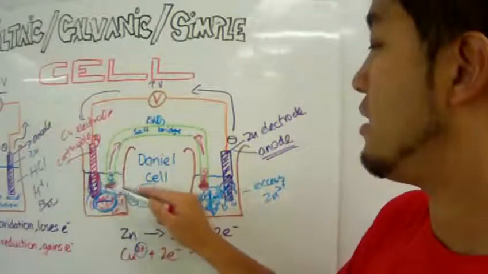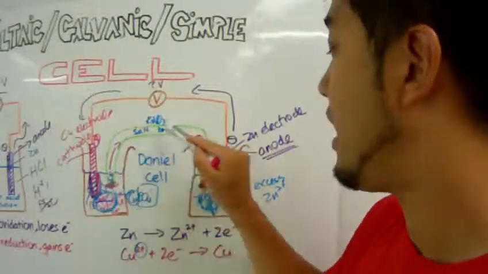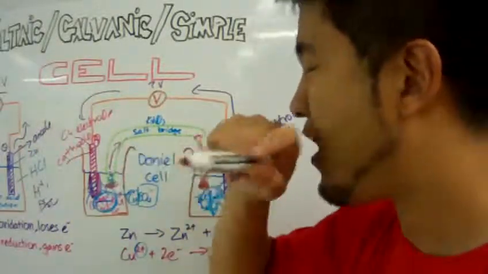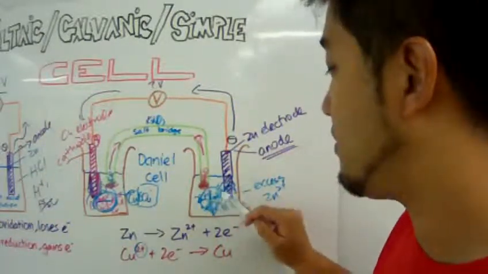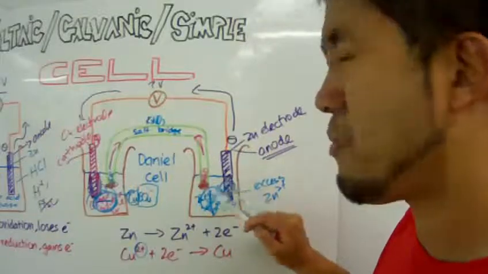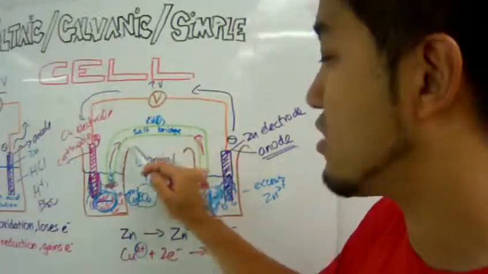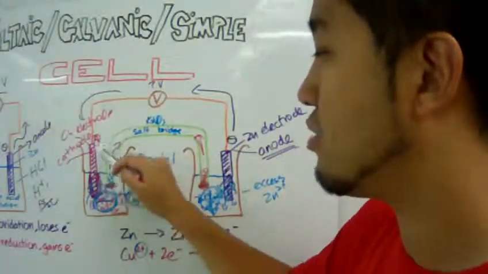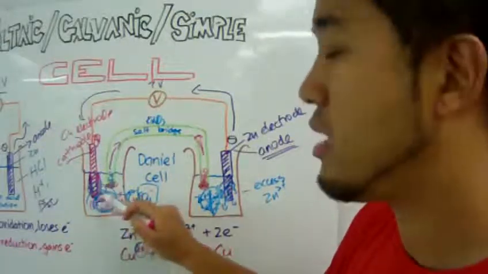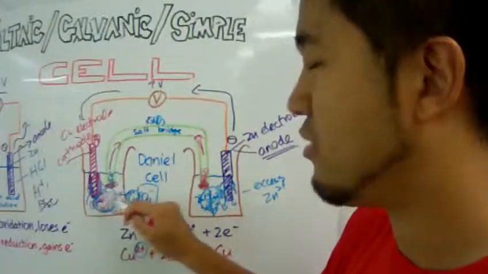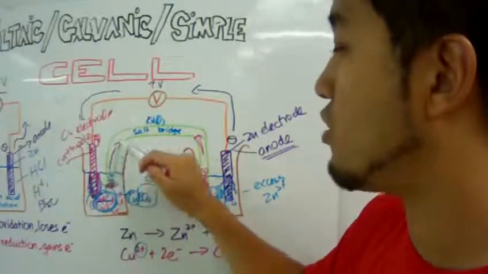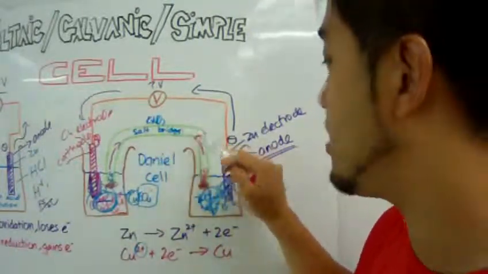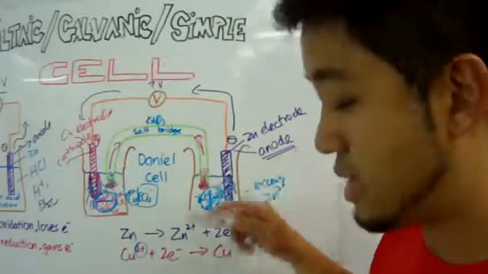The salt bridge acts as a regulator of ions: the positive ions from the more positive solution migrate through the salt bridge because they're attracted to the cathode, and the negative ions on the other end of the solution migrate through the salt bridge because they're attracted to the anode.